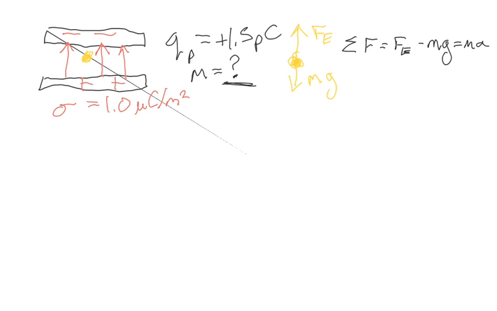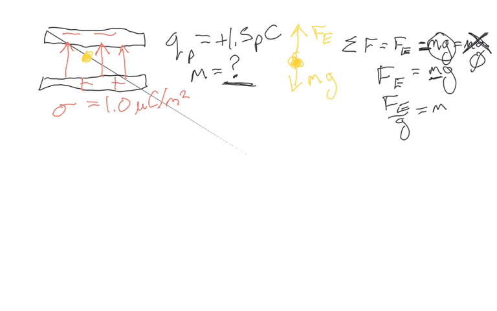So there's an electric force up, its weight is pointed down, that's why this has got a negative sign in front of it, and then that is equal to the object's mass times its acceleration. However, the object's not moving, it's suspended, it's levitating, so that means it's not accelerating, so this part just goes away as 0. And what we end up with is just a nice balanced electric force equals the object's weight. That allows us to find m quite easily, because we can take the electric force and divide it by g, and that will give us m.